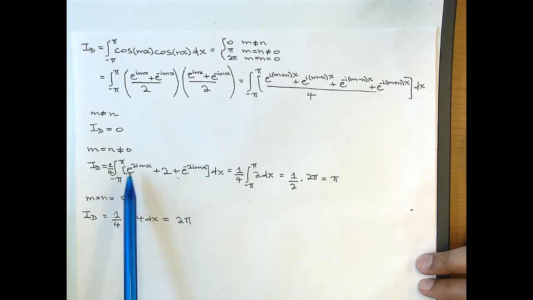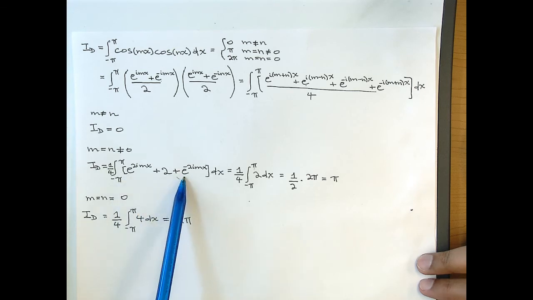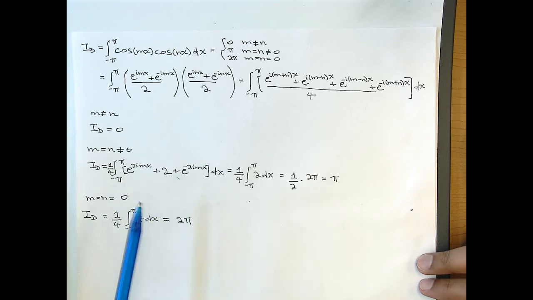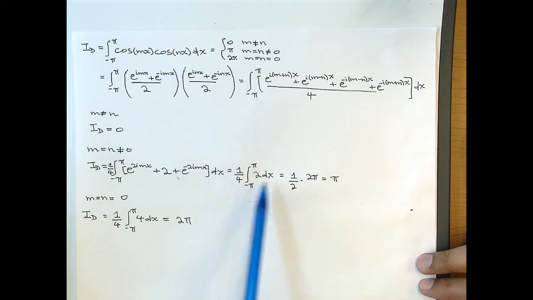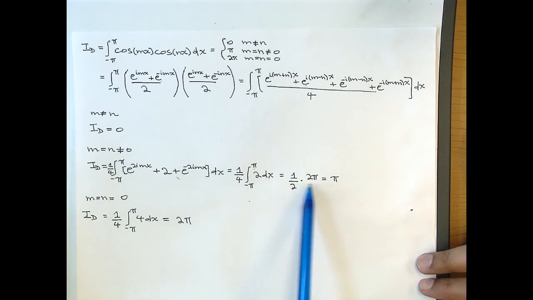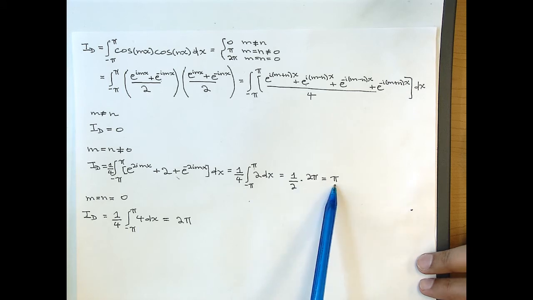Once again, we integrate these three terms, and the integral of the first and last terms will go to 0. This just leaves us with the integral of 1 over 4 times 2 dx. If we evaluate this integral, we get 1/2 times 2 pi, which is just pi.